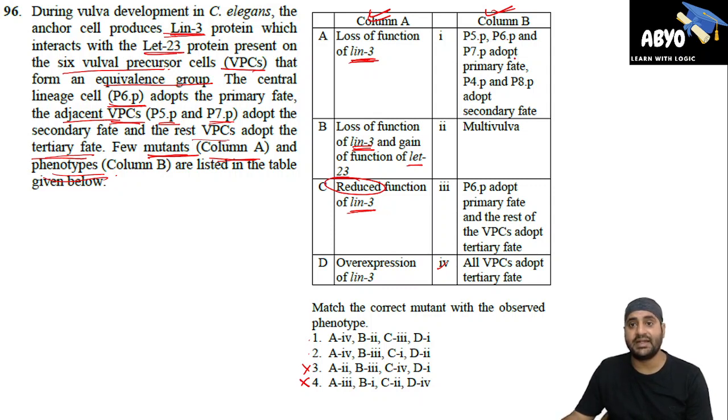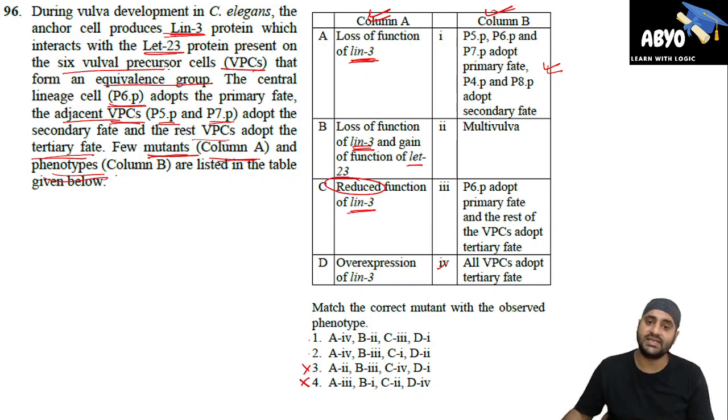P6.p and P7.p adopt the primary fate, and P4.p and P8.p adopt the secondary fate. Is this the condition? No, because this will only happen when lin-3 protein is distributed excessively among all the 6 members.